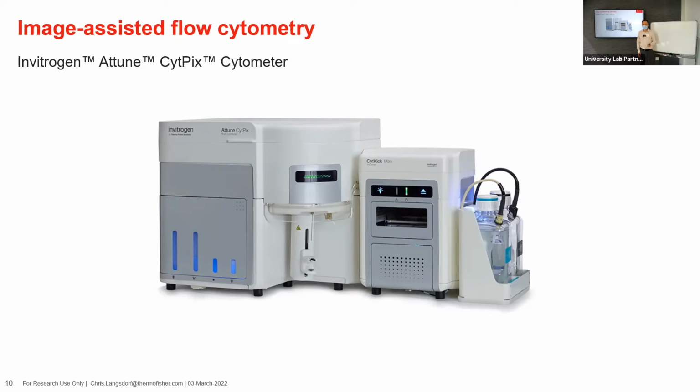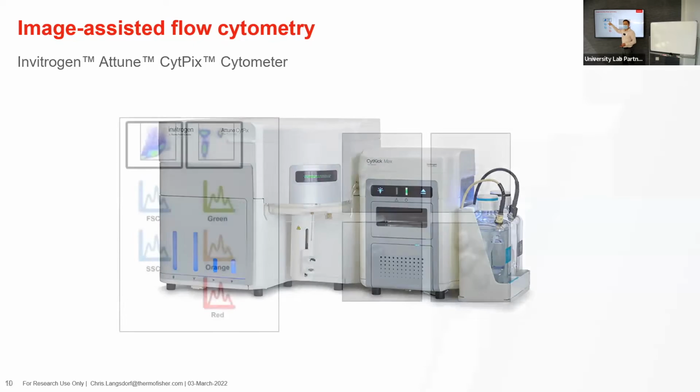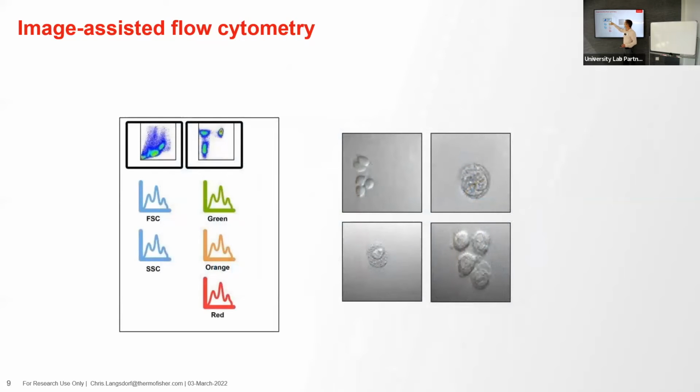So is the camera only bright field or does it detect the fluorescence as well? Yep. So in this instrument, it's a bright field camera. And along with what you get with your fluorescence-based detection, you can gate on a specific population: gate on my helper T cells, what do they look like?